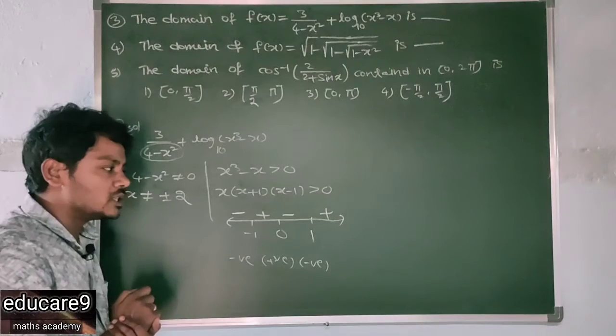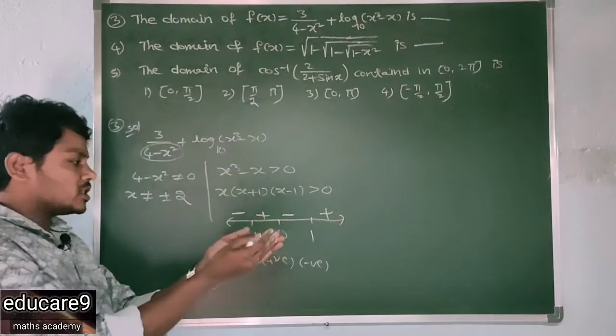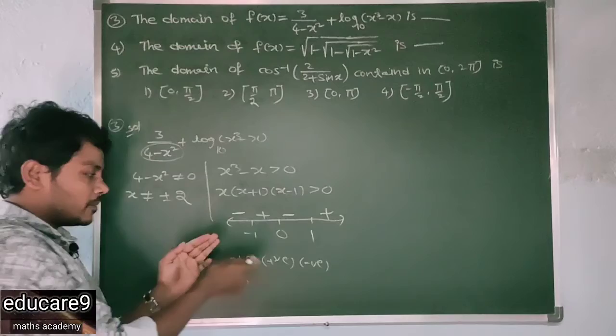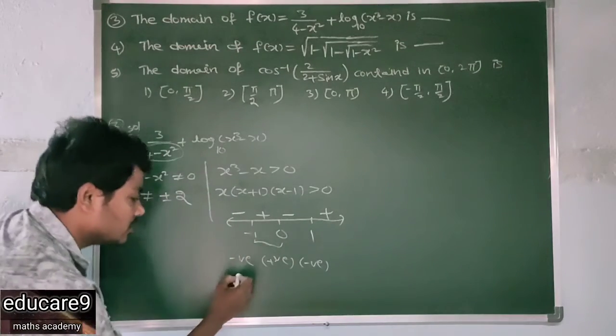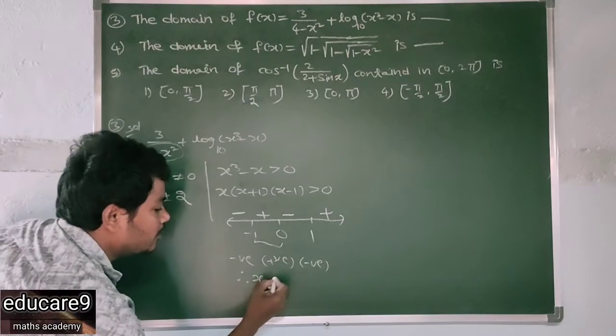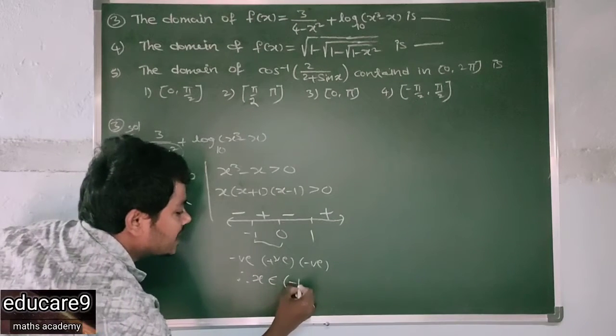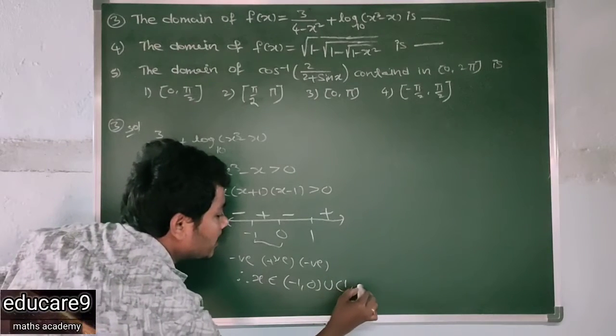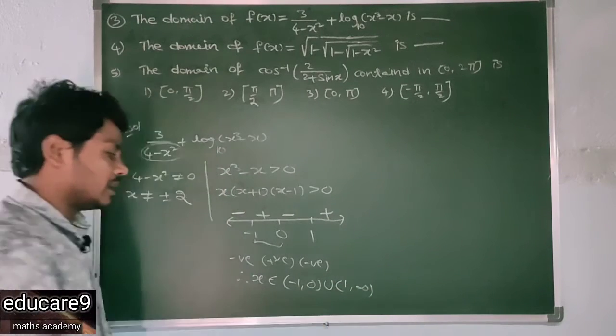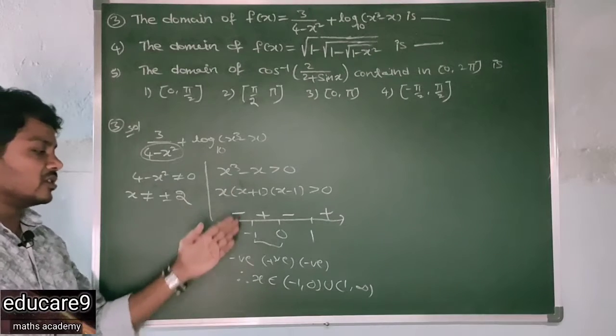Where is it positive? Above 1 is positive. Below 0, between minus 1 and 0, is positive. So therefore here x belongs to (minus 1, 0) union (1, infinity). So these are the values of x.